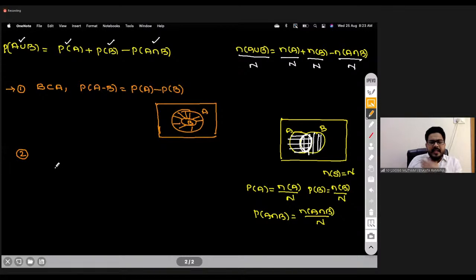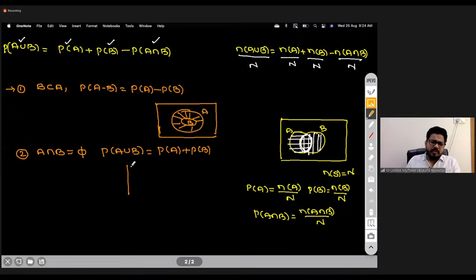What is the second property? If A intersection B is a null set, then probability of A union B is equal to probability of A plus probability of B. Why?